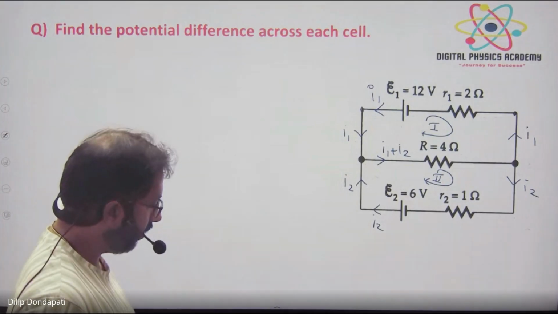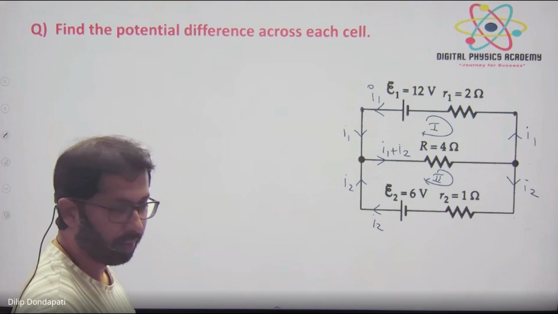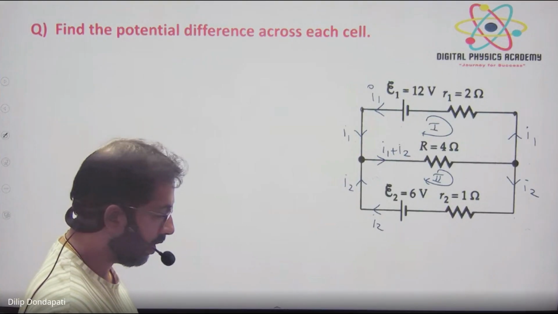So, do you want the equations first? Okay, tell me equation: 3I1 plus 2I2 is equal to 6. Yeah, 6. Second one. 4I1 plus 5I2 is equal to 6. Yes, correct. Now solve. I2, I1 आएगा.